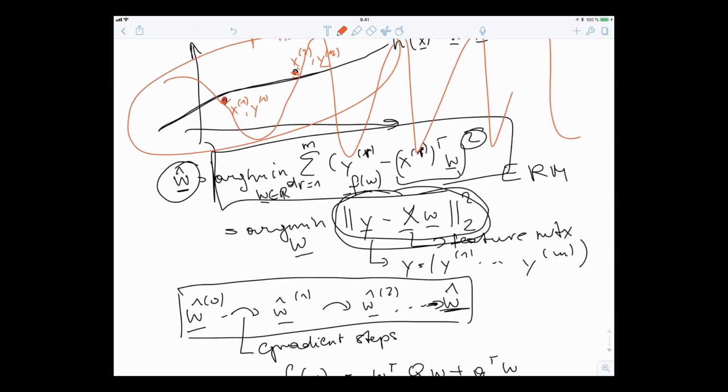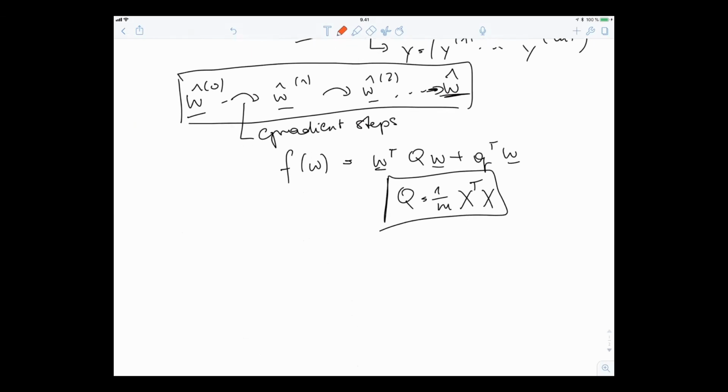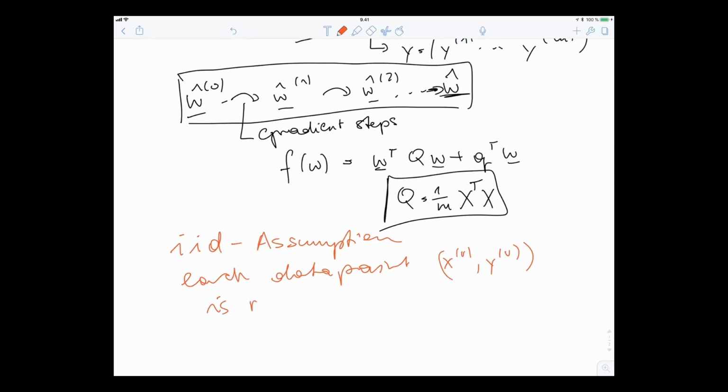So once we interpret data points this way, this is called the IID assumption. And this is an assumption, as the name says. Each data point, let's call it the rth data point, is a realization from this joint distribution.